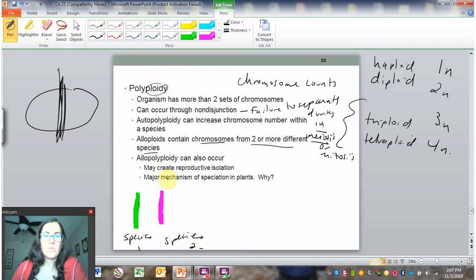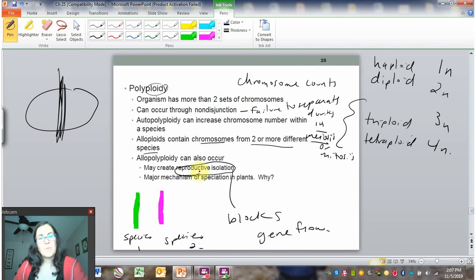So that would be alloploidy. And so, especially in plants, you can get allopolyploidy, where they end up being triploid or tetraploid and having chromosomes from multiple species. And when that happens, it can create reproductive isolation, which, remember, blocks gene flow.